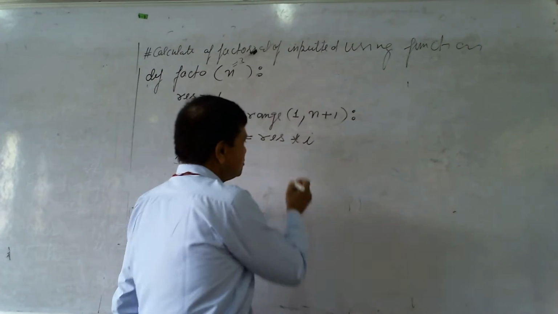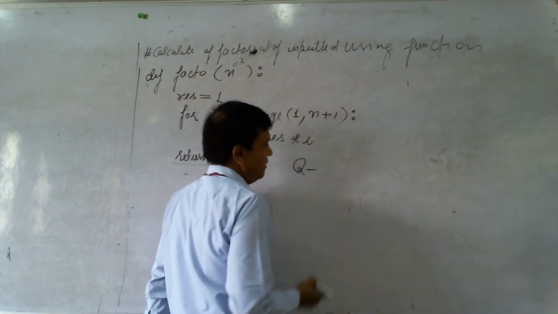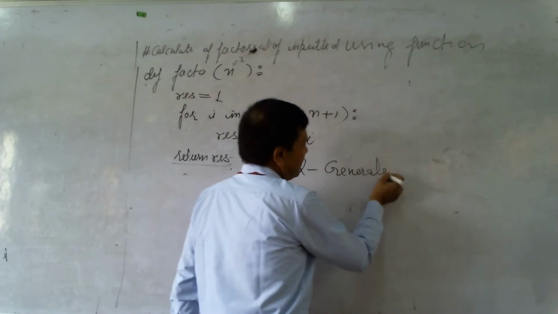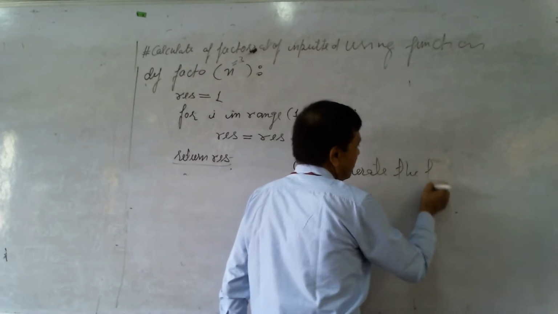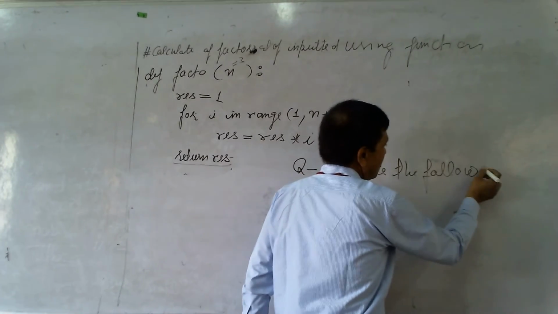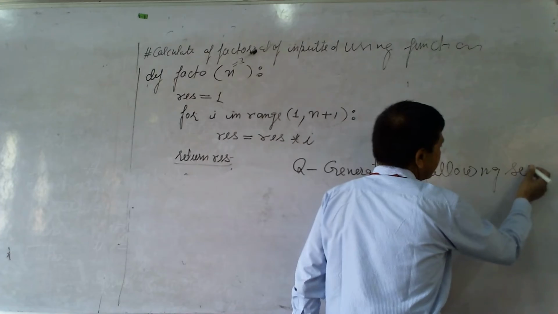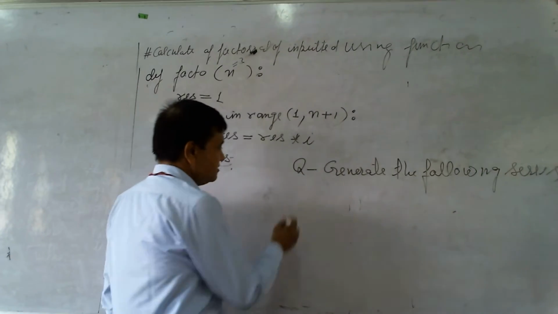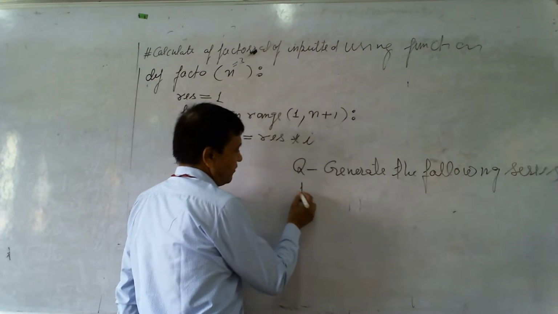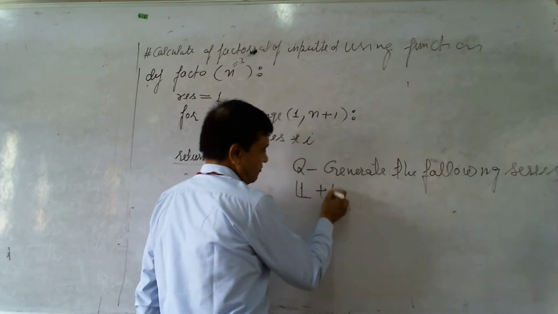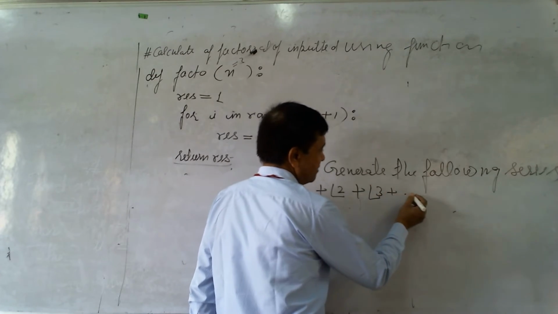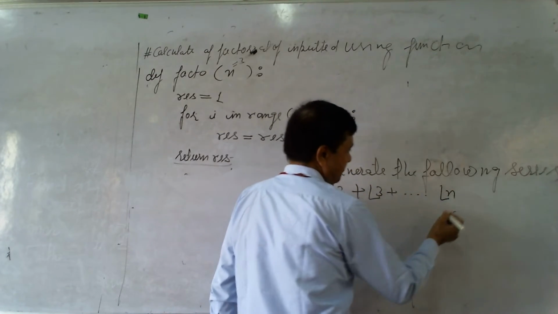Now, for example, the question is: generate the following series. This is factorial 1 plus factorial 2 plus factorial 3 plus up to factorial n.